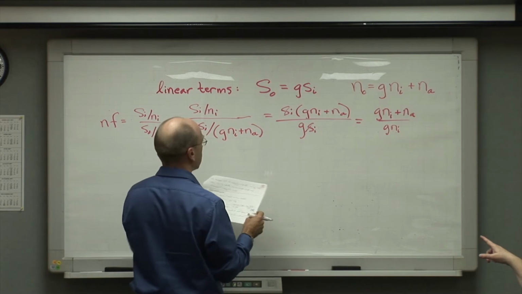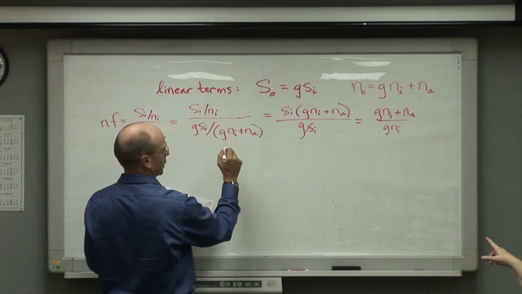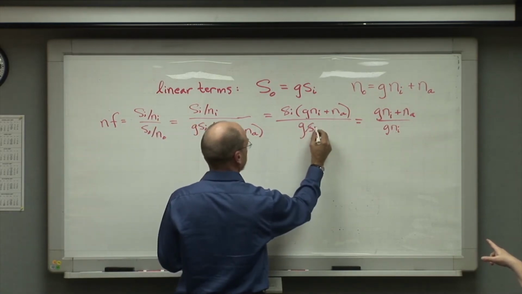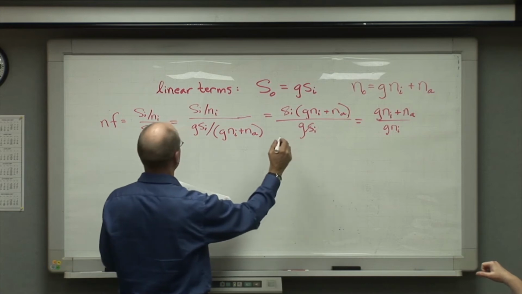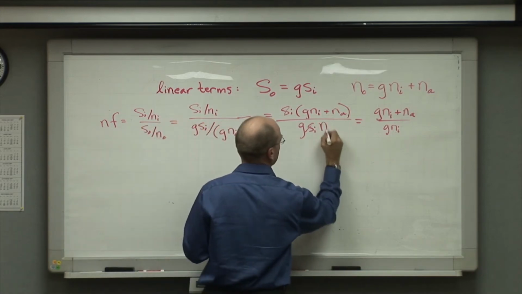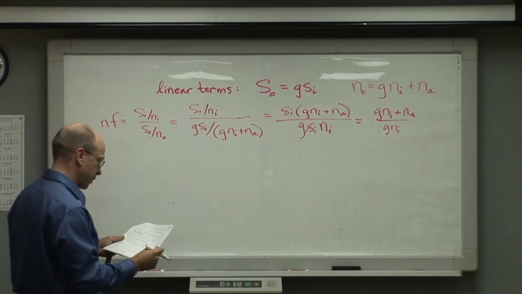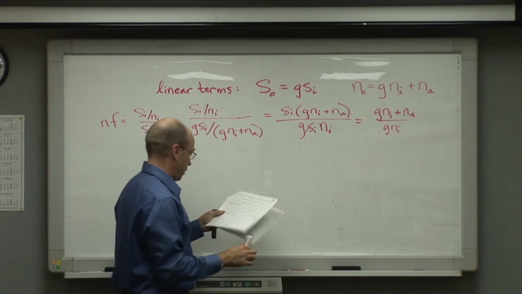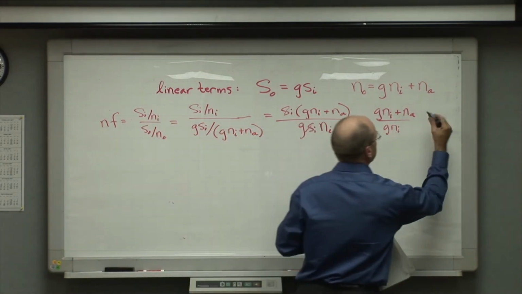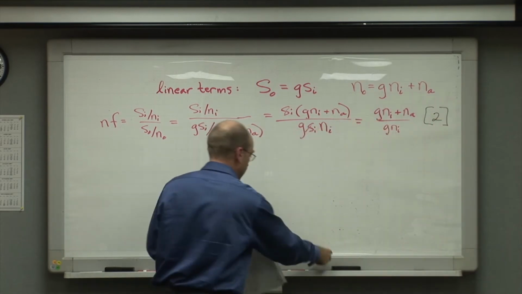Yeah. And the second one, you didn't have the SI underneath. Oh yeah. Sorry. Got it, right. Thanks, Teresa. Okay, so far so good on that. And we'll call that one, just to refer back again, equation 2 right there.